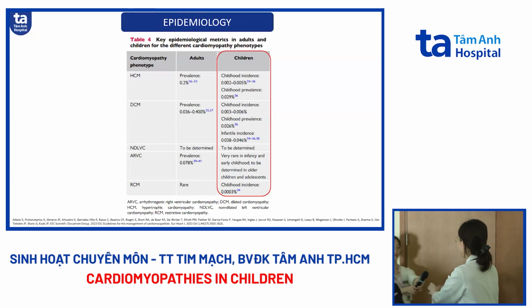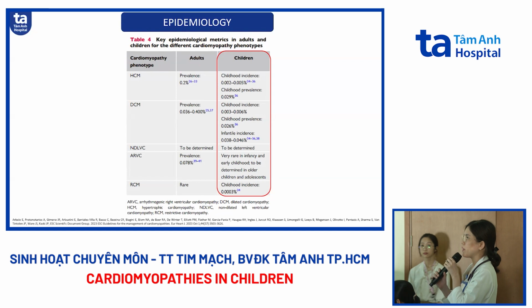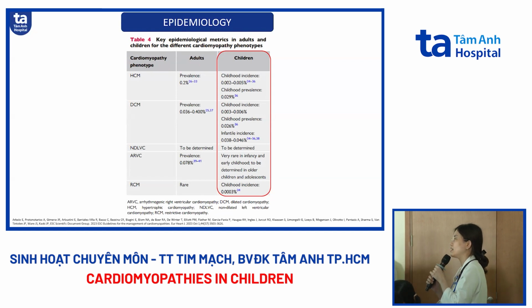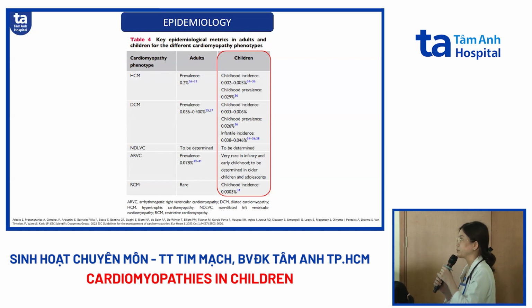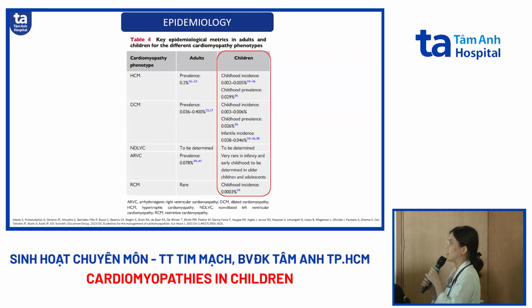I saw one report in ESC 2021. They said that all patients with DCM or HCM need genetic testing, and also the first degree relatives of these patients need to do that. Okay, thank you, Dr. Cha.